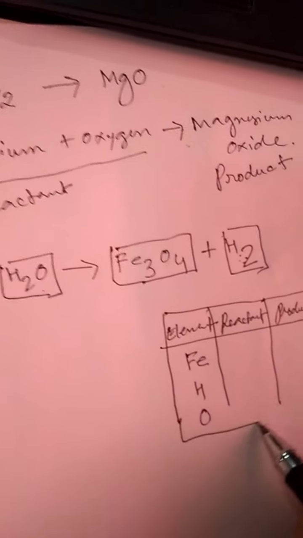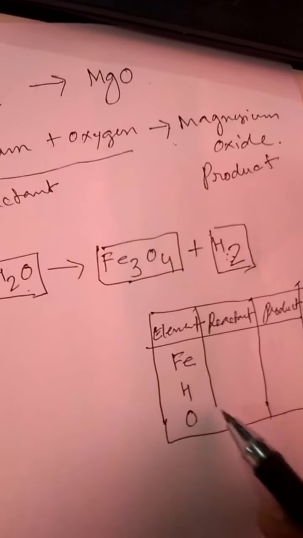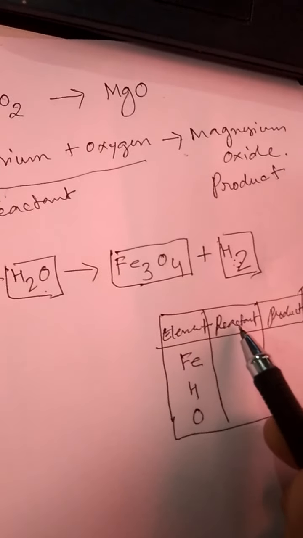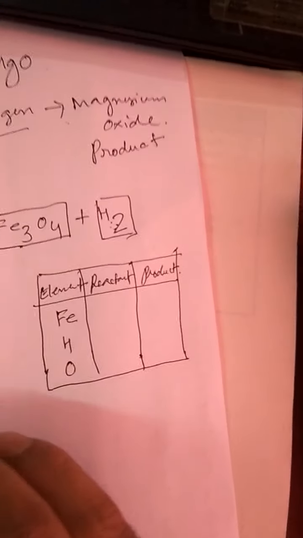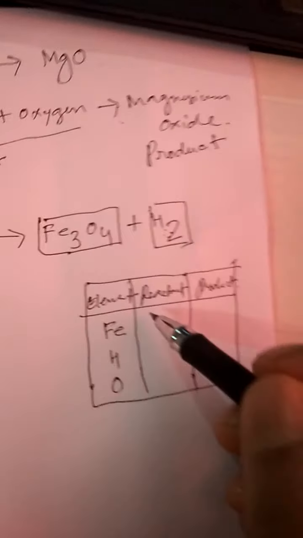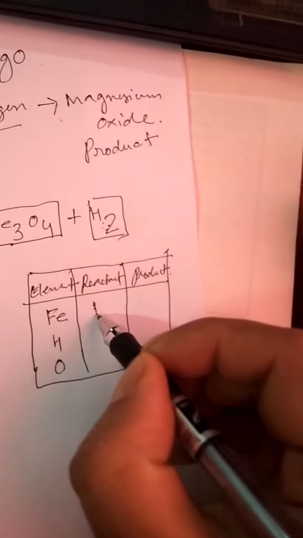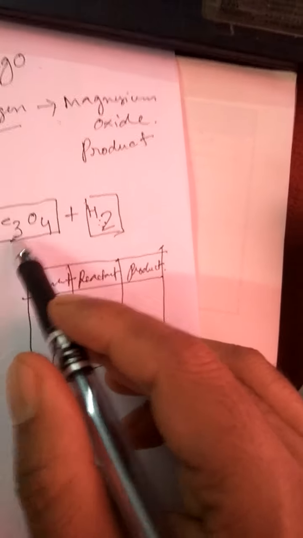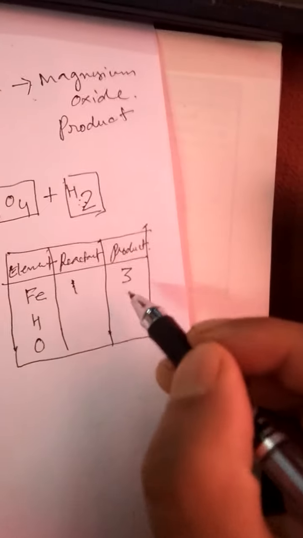Now we are going to see how many atoms are present on the reactant side. For example, iron is only one here, so we write one. On the product side it's 3, so we write 3.